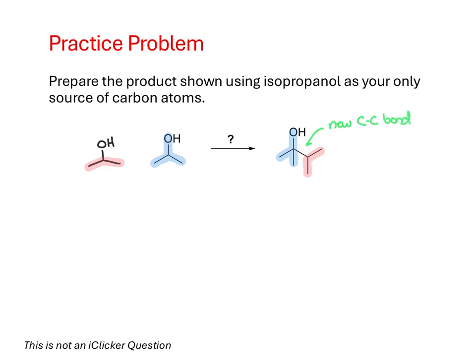So to form that bond, effectively I need one of those isopropanol carbons to be an electrophile. So let's say I'll try to make this one the electrophile. I need the other one to be a nucleophile. Well, how can we do that? We can make this alcohol an electrophile in a couple of different ways.